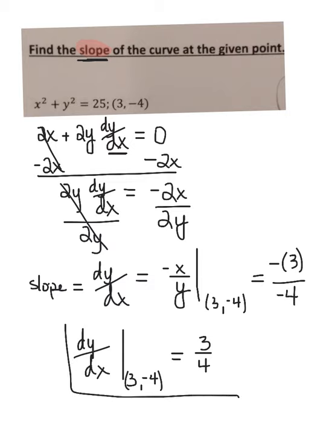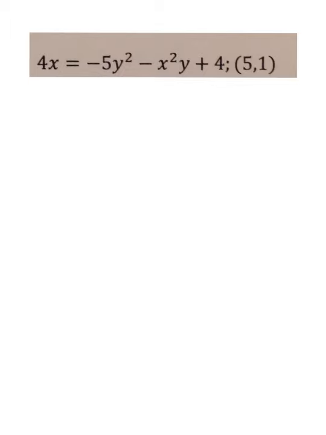And this would be my answer. Again, reminder, negative over negative is a positive. Dy dx is really the slope at the given point, which is 3/4. And that's it.